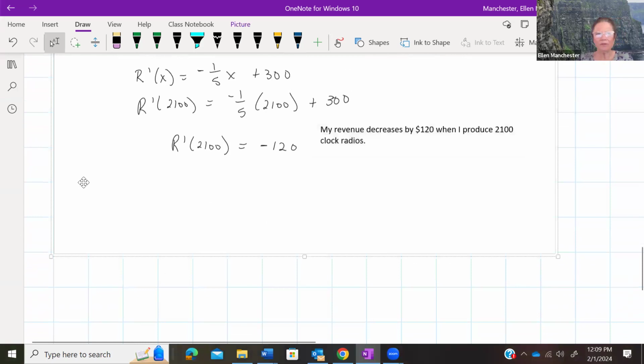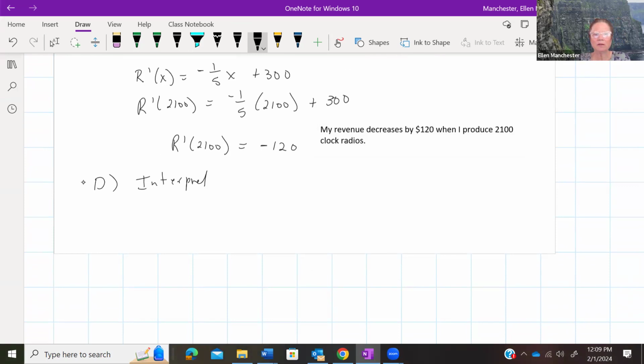So D says interpret that. Anyone want to give it a shot? How would you interpret that?